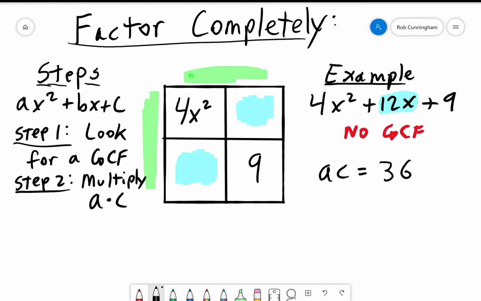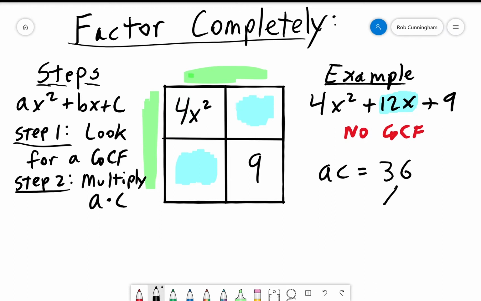But that's because this value here does very much affect the multiplication that it takes to get into these two regions. We have to take both a and c into account when we are splitting up, when we're divvying up our x's.